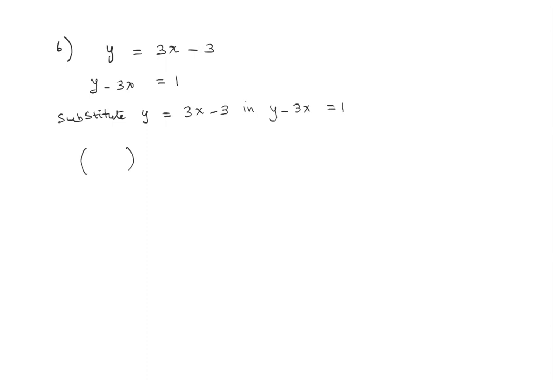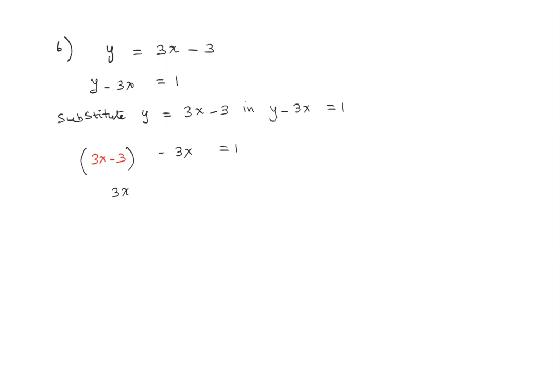And number 6. So we are seeing an example for each one of them. So now substitute the first one into the second. So I'm going to substitute this y in the second one.